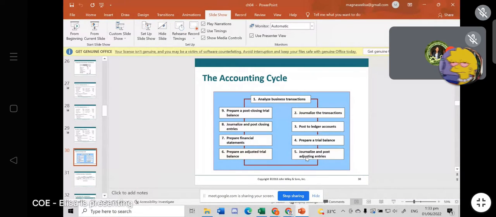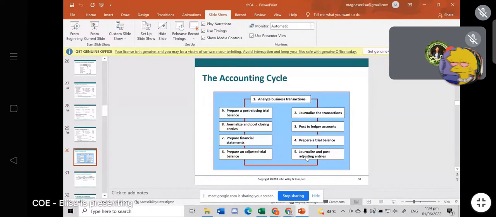Instead of journalizing directly and posting to the ledger, we can prepare the worksheet covering steps 5 and 6. The worksheet is prepared just to facilitate preparation, but the worksheet is an optional activity.